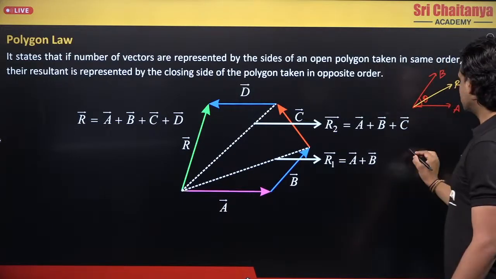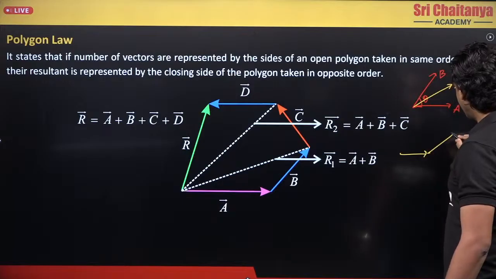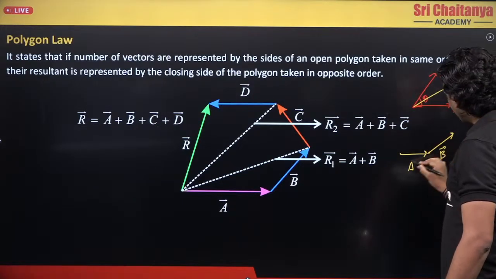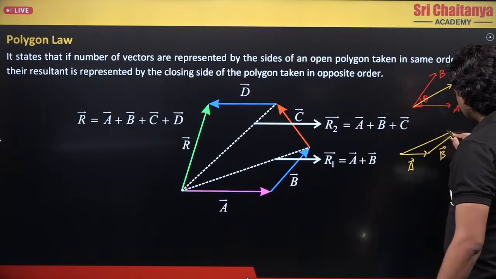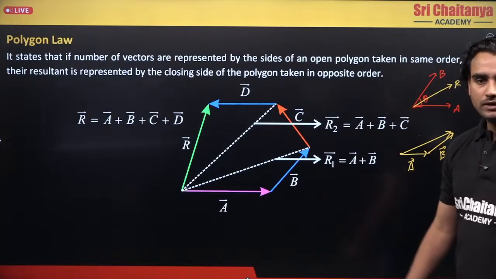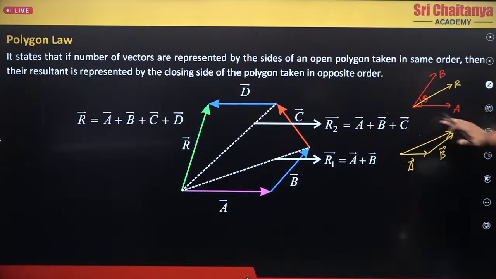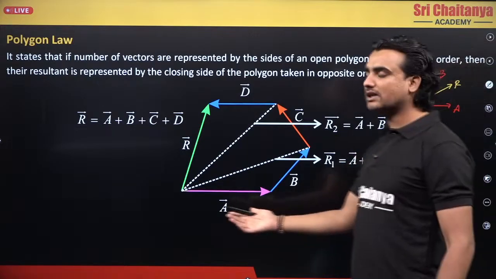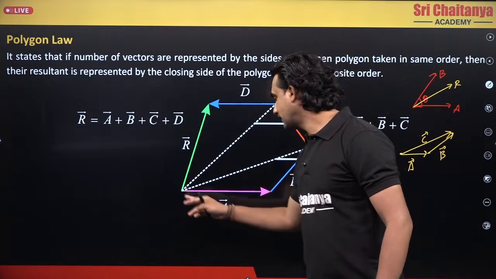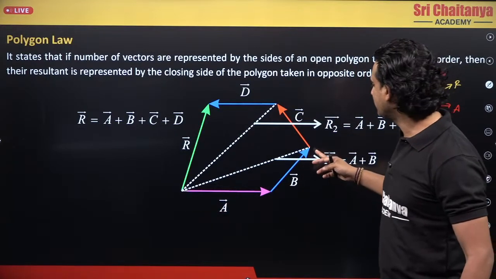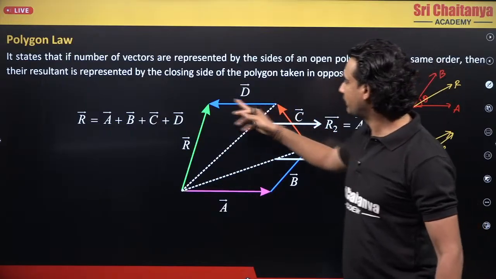In other words, vectors A and B are taken in the same order, and the resultant is given by the third side of the triangle taken in the opposite order. If I am writing vector A, vector B like this, vector C is the final one. But this is the continuation of the triangle. Instead of two vectors, I have three vectors, and this is my fourth vector.